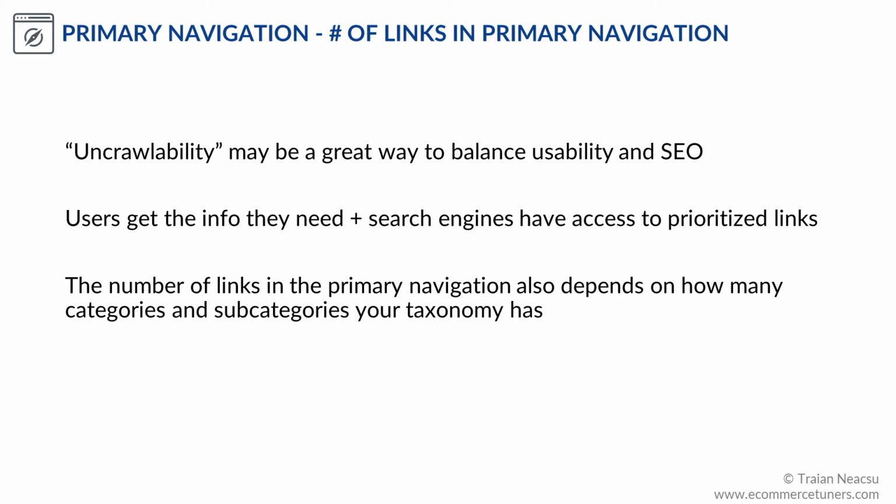If you have only top 5 category pages, each with 2 to 5 subcategories, then you can list all of them in the primary navigation. If you have 20 categories with 10 subcategories each, you need to give the primary navigation more consideration.